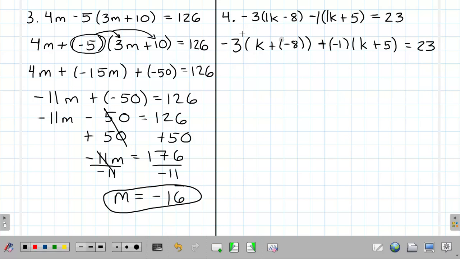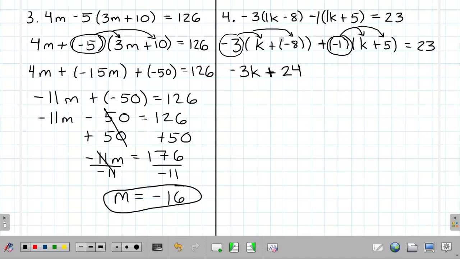So now we see, well, what are we distributing? Well, we're distributing -3 to k and -8. And over here, we're going to distribute -1 to k and 5. So doing all this together here, -3 times k, well, that's just -3k, plus -3 times -8 is a positive 24.